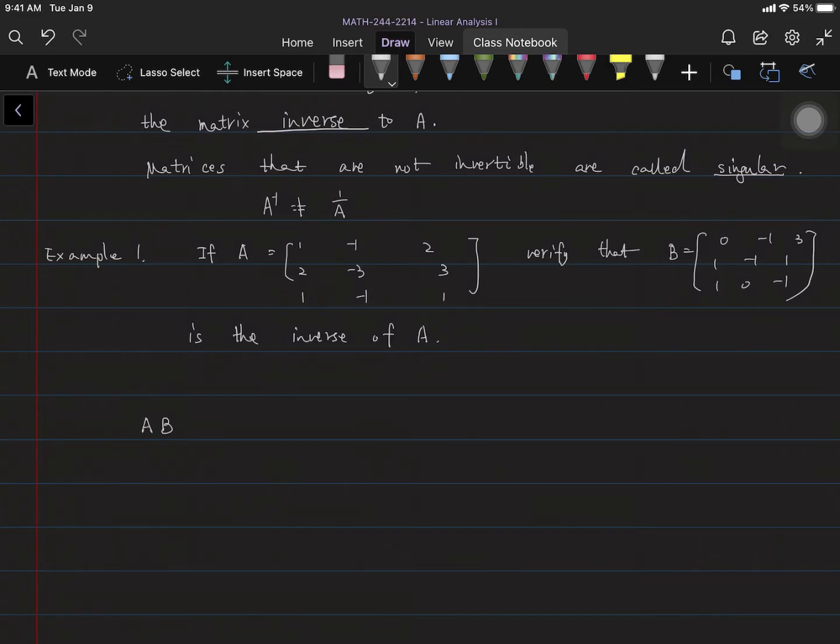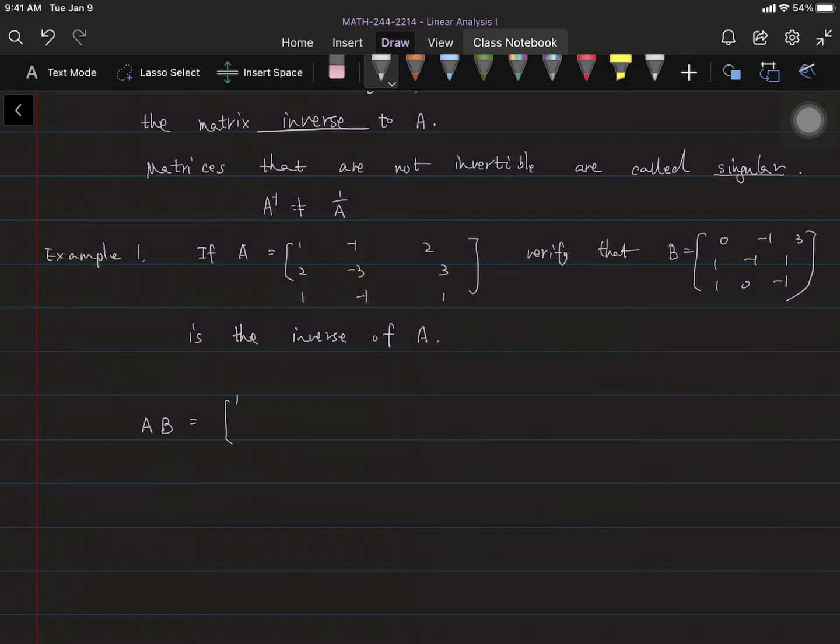So let's see, A times B equals what? We just multiply them together. When we multiply them together, we can try the first row and the first column. So it's going to be 1 times 0 minus 1 plus 2, so it should be -1 plus 2, which is 1.